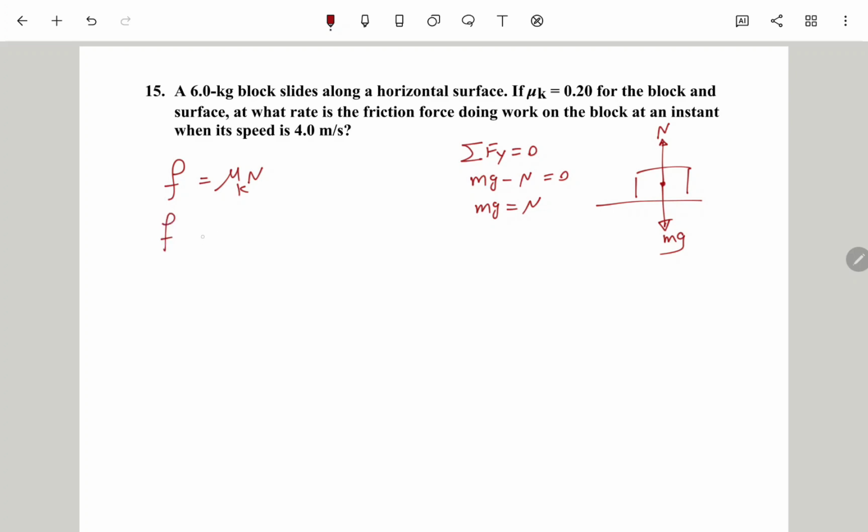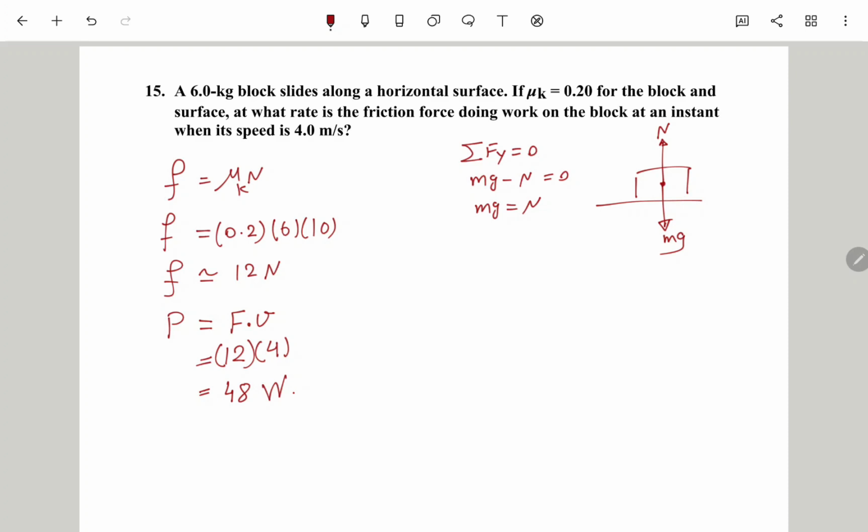Now F, or the frictional force, it's equal to 0.2, mu k times n, in this case mg, m equal to 6 and g equal to 10, so 6 times 10, so F almost equal to 12 newtons. Now the power equal to F dot V, and in this case it's equal to 12 times 4, or in other words, it's equal to 48 watt.